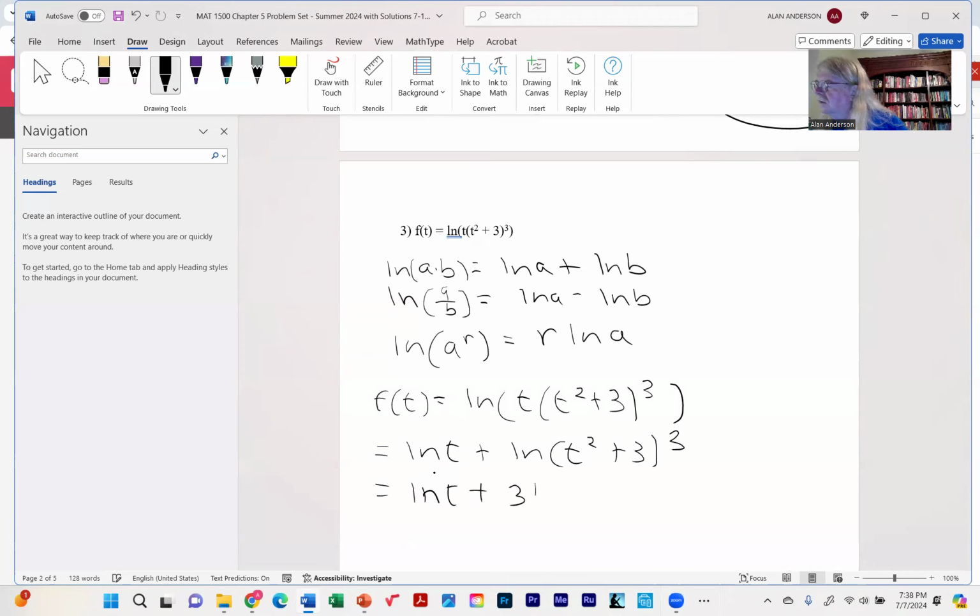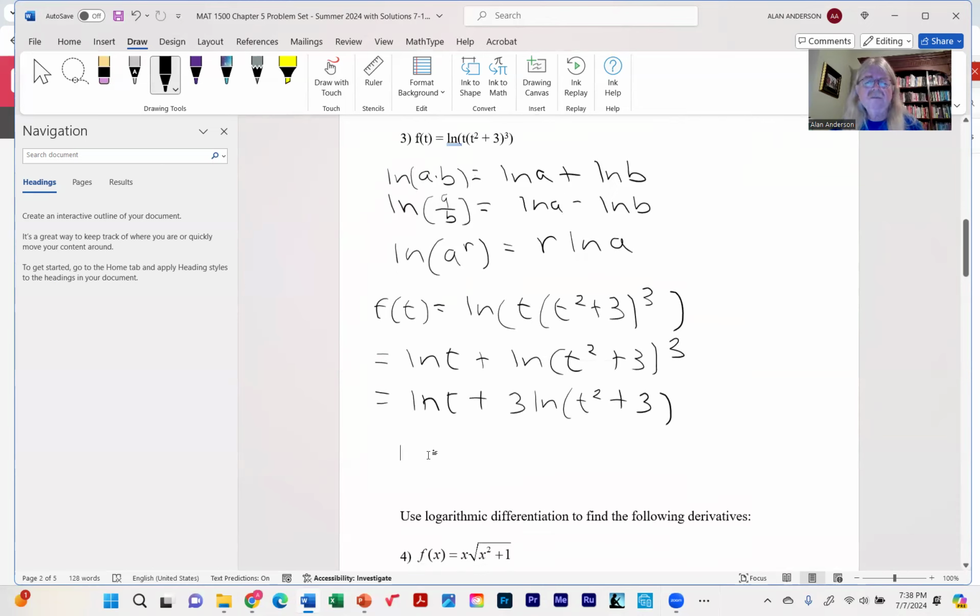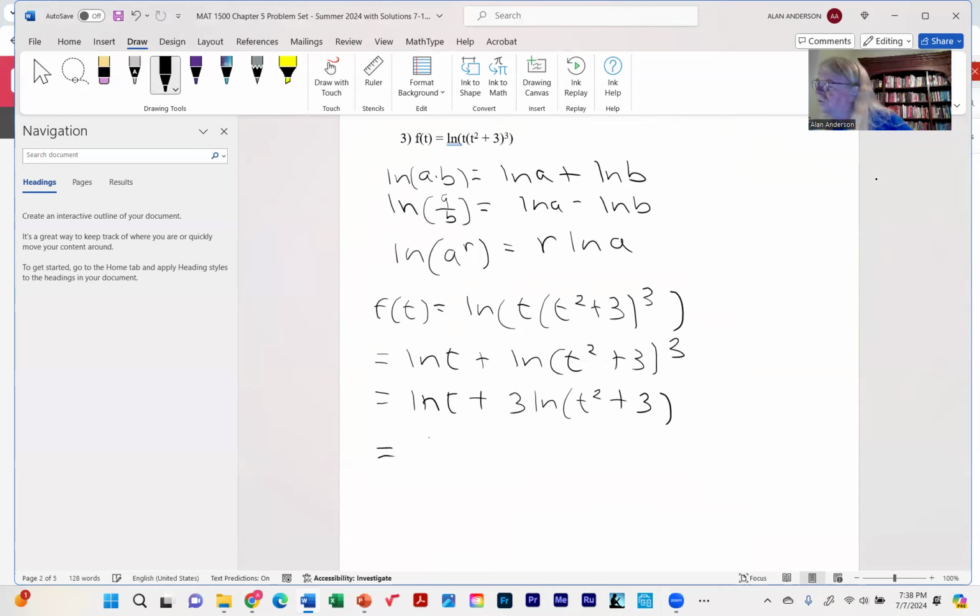Now, what we did was we rewrote this equation using logarithms, but now I think you'll agree that finding the derivatives of each term separately and then combining them will be easier and quicker than trying to attack this one directly. So in this first case, this is simply 1 over t.